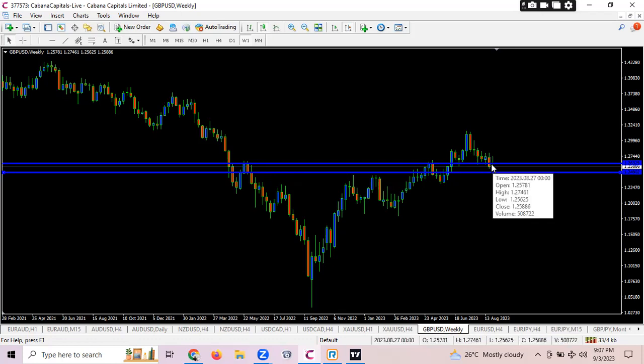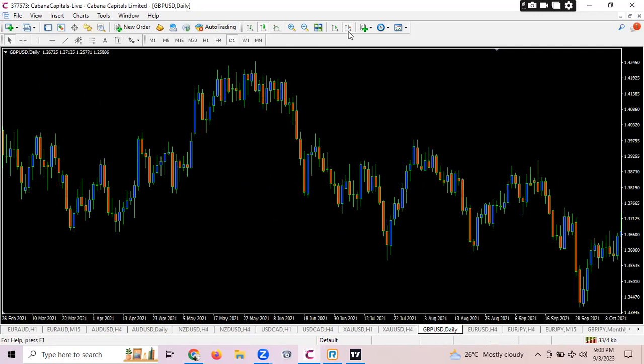And last week's candle, you see what played out. It still closed below this support level, which confirms that we have more sellers than buyers. So GBP USD is still bearish. Let's see what we have on daily.